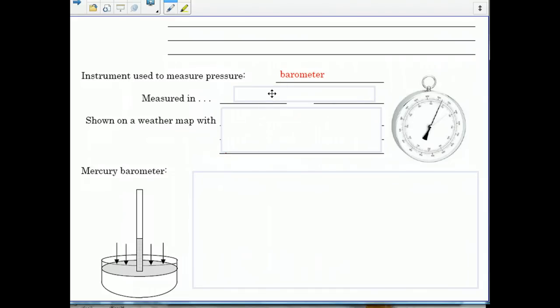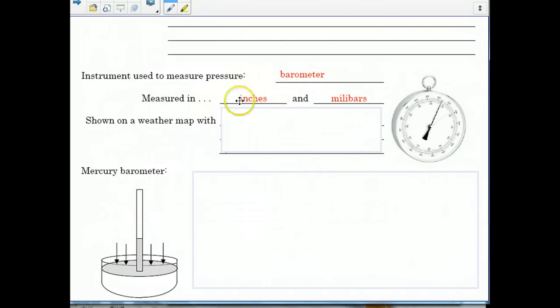There's no air in it, and the air is pushing down on that. It's pushing down on this mercury and forces it up in this column. When there's less air pressure, less air pushing down on this, then this will go down. As you get more pressure pushing down on it, it forces the volume to go up in this.